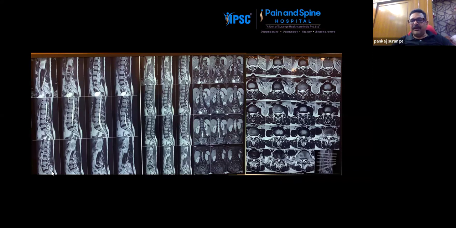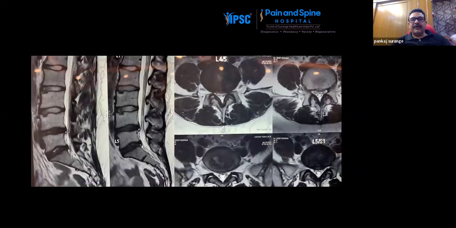What you are seeing over here, you should never look at that. Understood? Because that is taken from the center. So don't look at that MRI. If you have those MRI films, don't look there and don't make any inference out of that. You have to see all the sections, all the sequences. They have a lot of significance. We'll discuss that now.